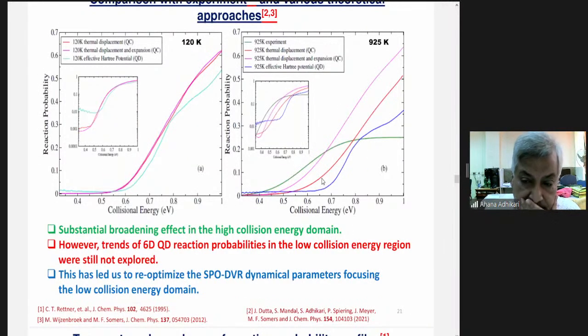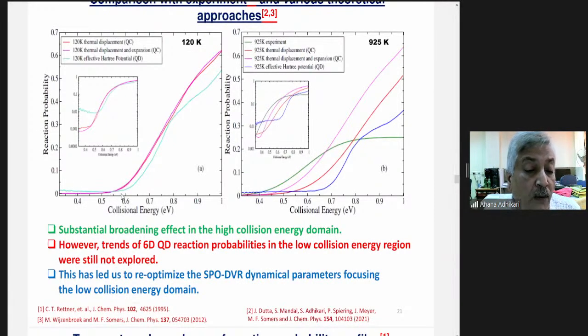So now comes the experiment. Now you can see in case of 120, if you make a log plot of the reaction probability versus collisional energy, at lower collisional energy you can see there is a sudden increase. But if you do the normal plot, you can see this is the curve, and this agrees quite well.